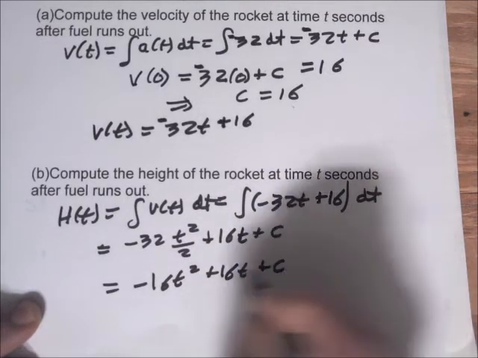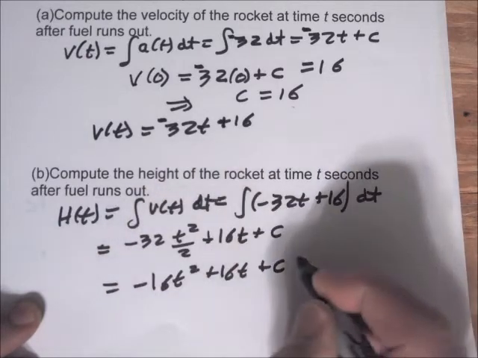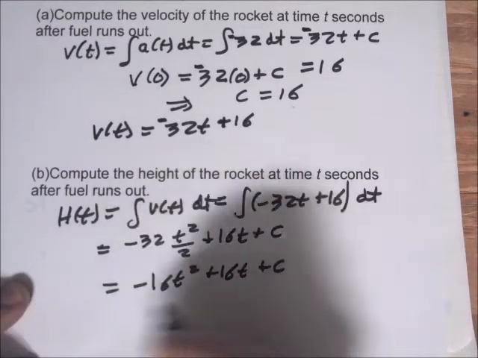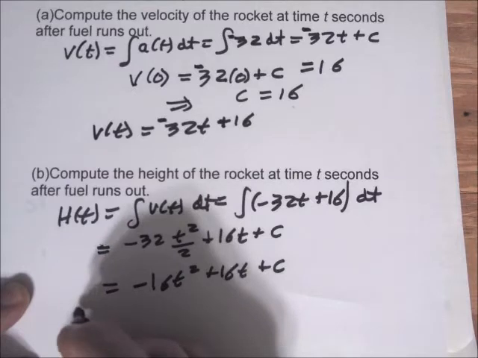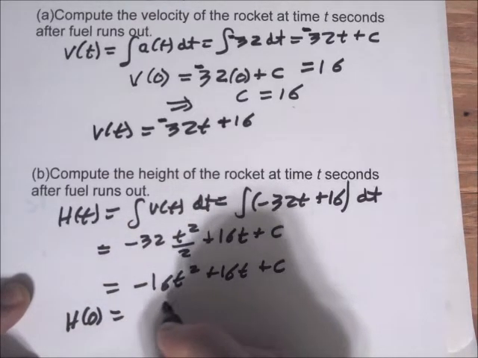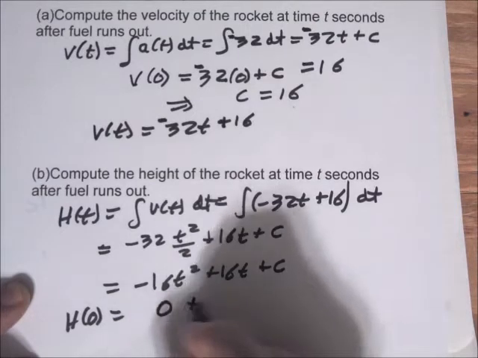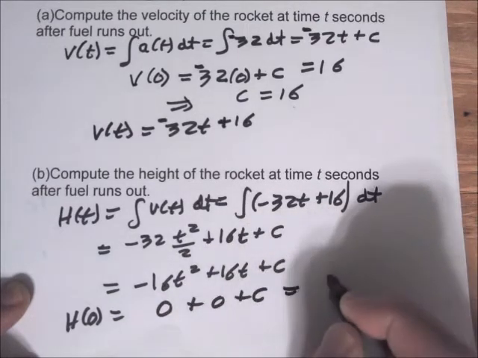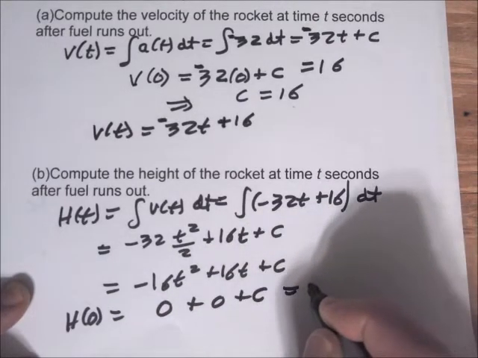And the height at time 0, h of 0, is 0 plus 0 plus a constant, and that was given to be 16. No, 32.